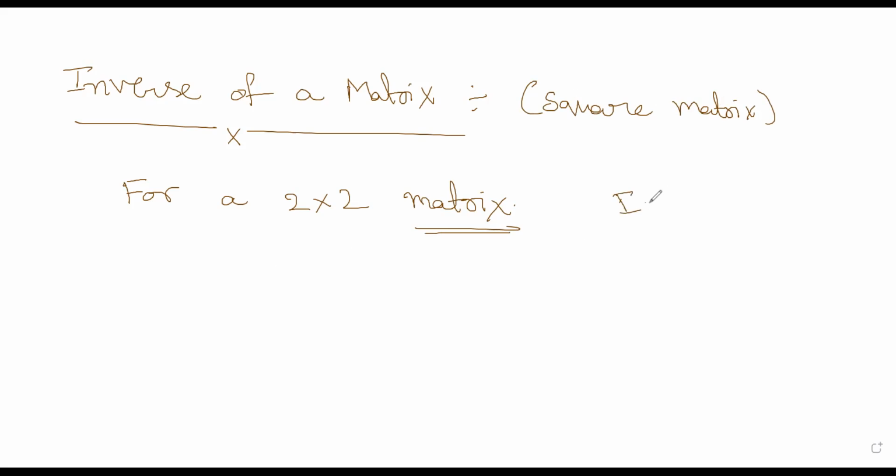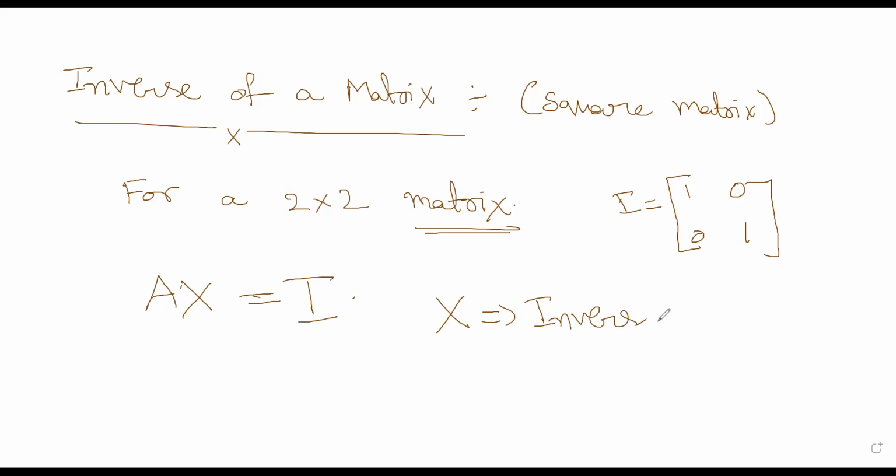We know the identity matrix, 1, 0, 0, 1. Now, if you multiply a matrix A with some matrix, let us say X, and you get the identity matrix, such a matrix X is called the inverse matrix of A. X is written as A inverse, with -1 on the top.